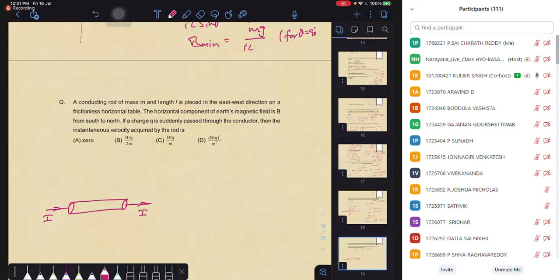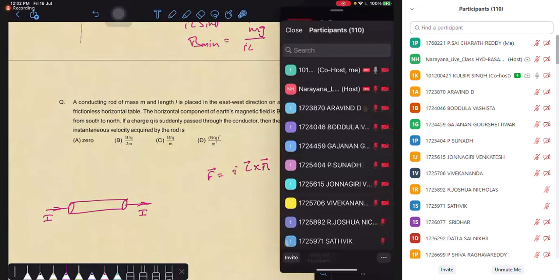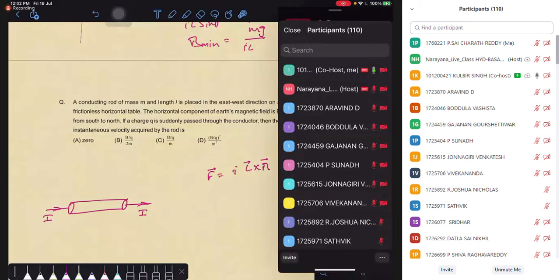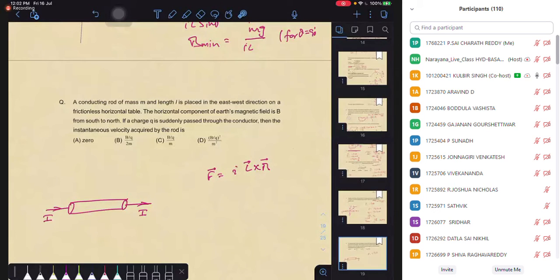The current gives me a force. But can a force give momentum or not? Force can give momentum, right? Our velocity. So suppose we have a force coming because of the current.